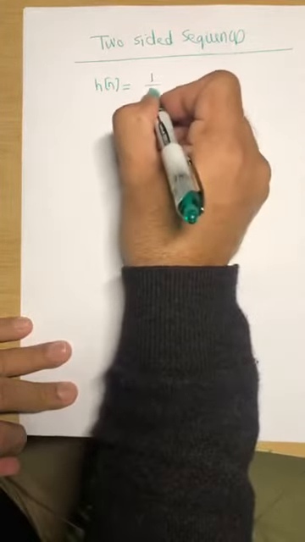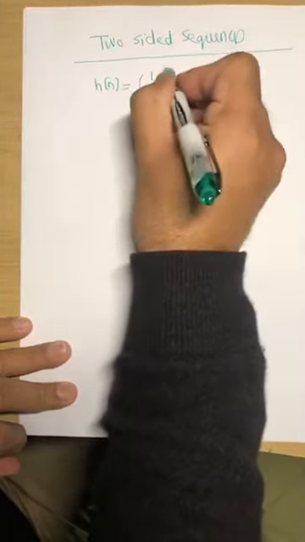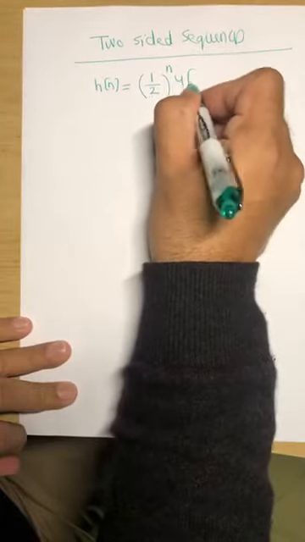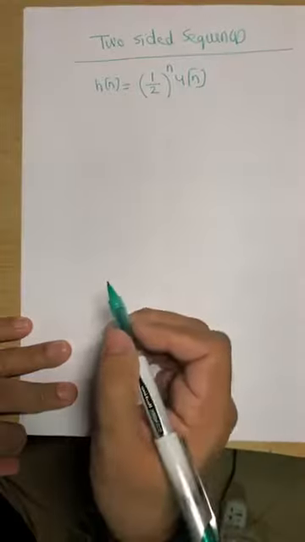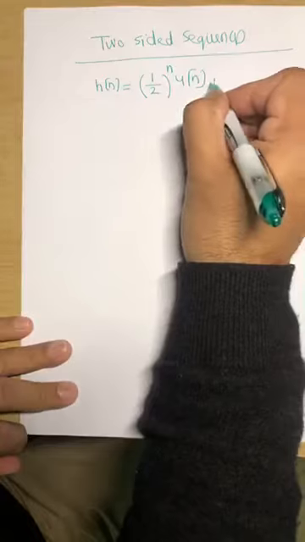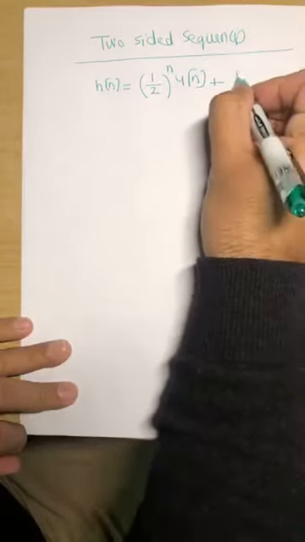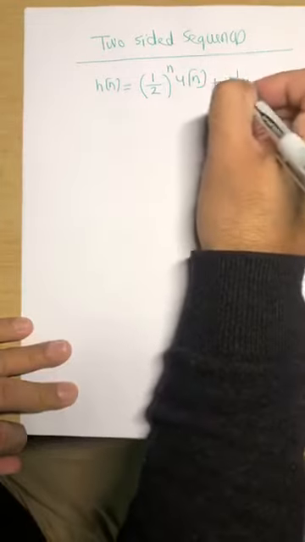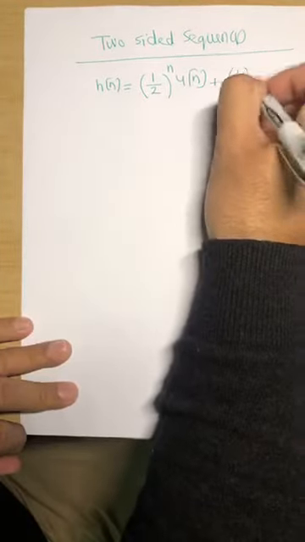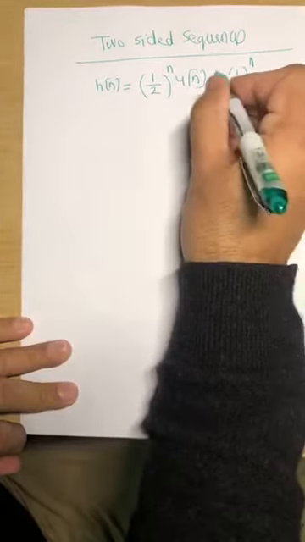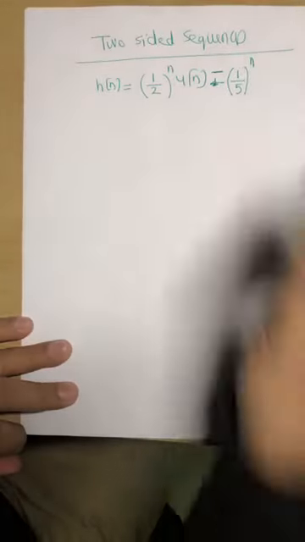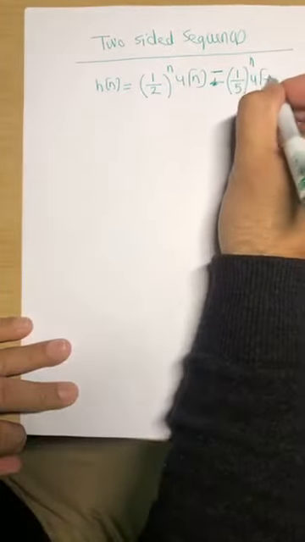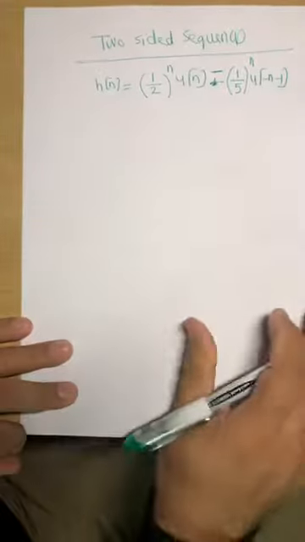1 over 2 to the n u of n plus 1 over 5 to the n, and let me put a negative sign for our convenience, u of n minus 1.